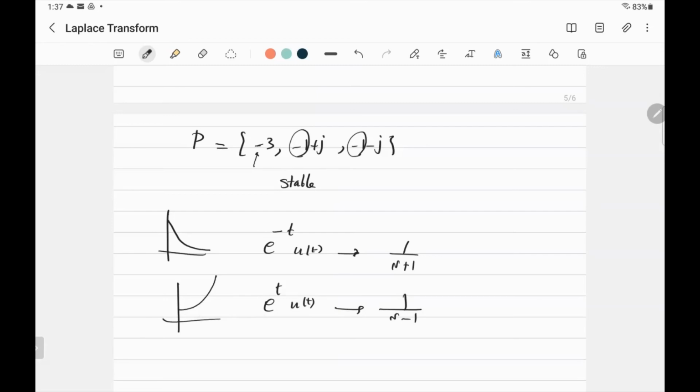So I found out that when you have exponential decay, the Laplace transform is 1 over s plus 1, and the pole is equal to -1. But when I have e to the power of t, it's not decaying. Actually, it's increasing, going to infinity. And then I found the pole is equal to +1. So I found the reason.